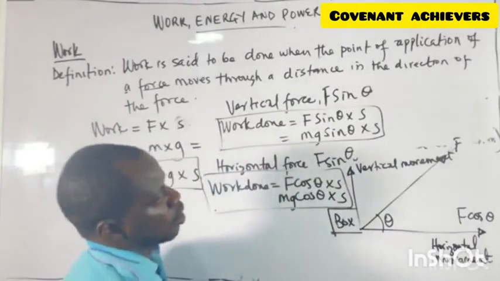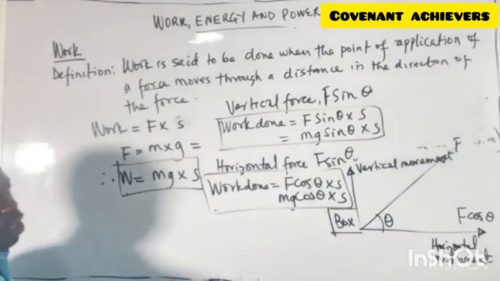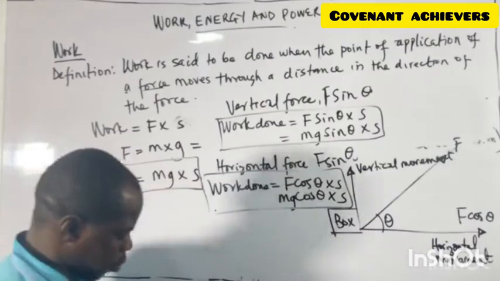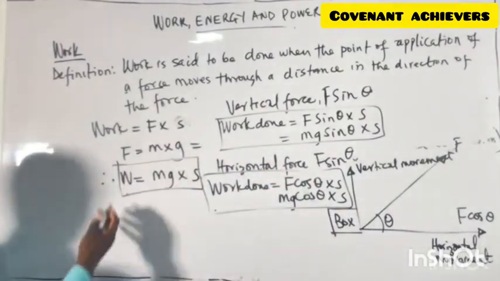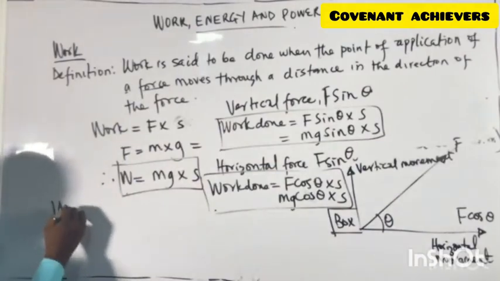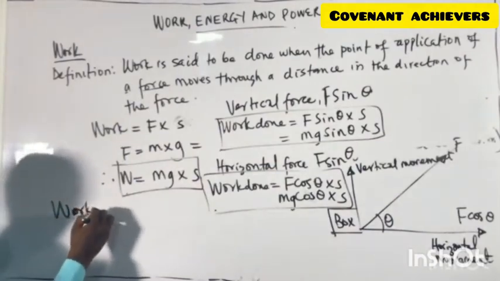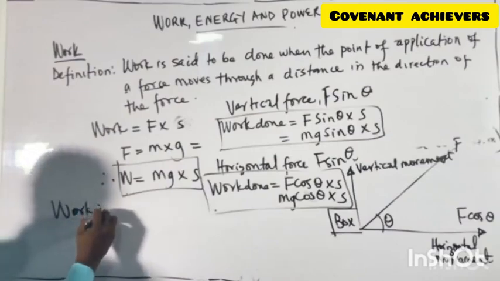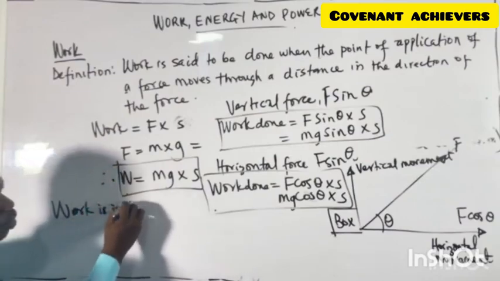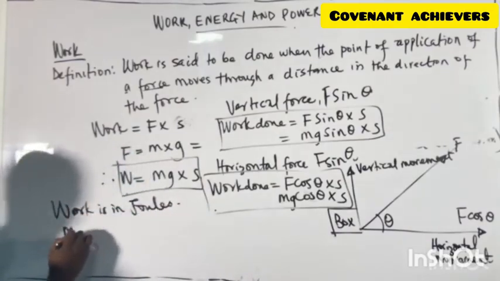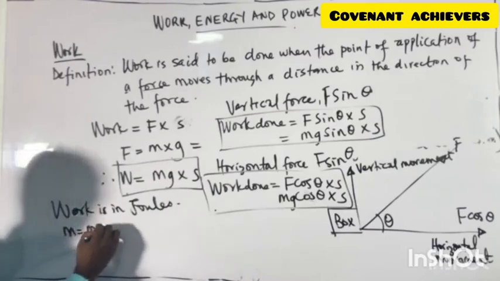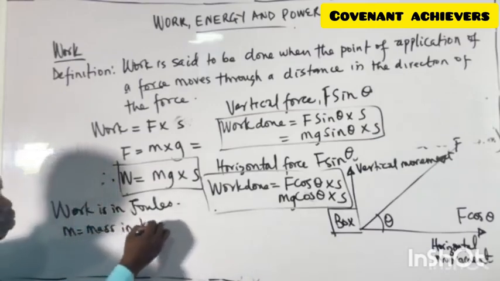As you can see, this explains what we need to understand as far as work is concerned. And the parameters that we have here: work, we have mentioned it, is measured in joules. We have m, which is equal to mass in kilograms.